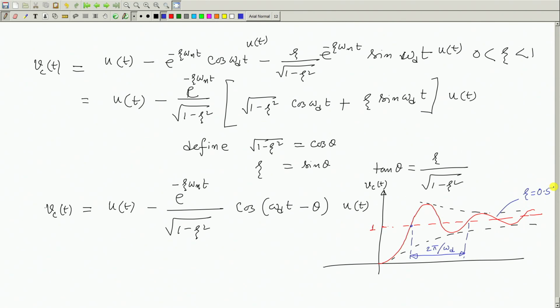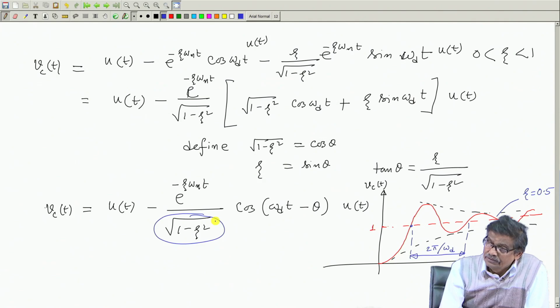Then if you reduce zeta further, suppose you make it 0.2, you will find there will be many more oscillations and the overshoot will be much more because of the term 1 by root over 1 minus zeta square. So, if you make zeta further less, 0.2, is it not.